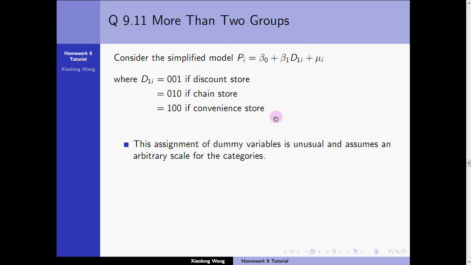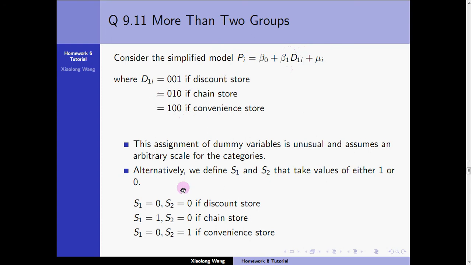And if we get a negative number, it will be the opposite result. But most of the time, we wouldn't assign values to dummy variables in this way, because the dummy variable becomes a numerical variable, whose meaning seems arbitrary and useless.